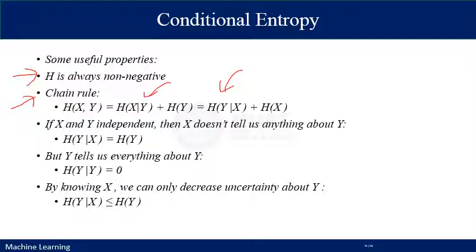So that means the entropy of the cloudiness given it is raining is equal to the entropy of raining given cloudiness.